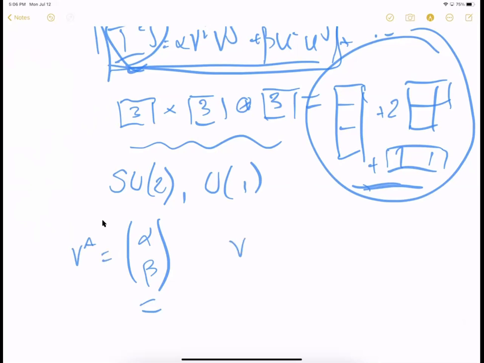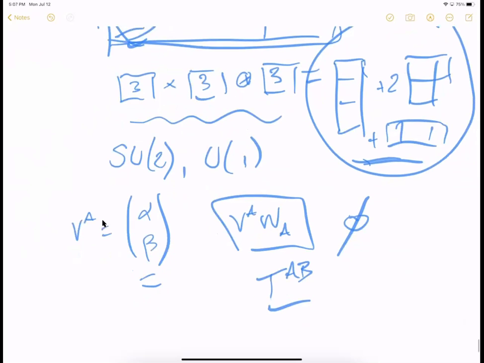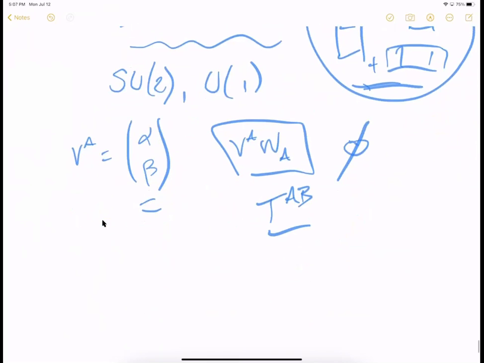We could take an inner product of two of these fields, and that's some kind of scalar. We can take outer products and form higher ranked tensors of these under SU(2). And then finally, hypercharge is just a scalar.